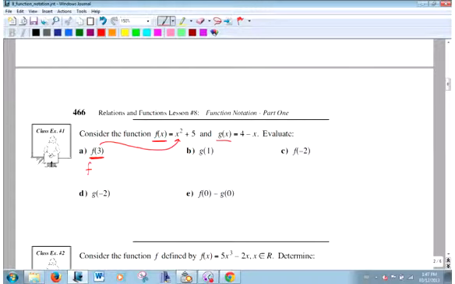Okay, thanks, bye. All right, f of 3. So this is the function, x squared plus 5. So wherever there's an x, I'm going to put in 3. Okay, so 3 squared plus 5, right? All I did was substitute. It's not x, it's 3.